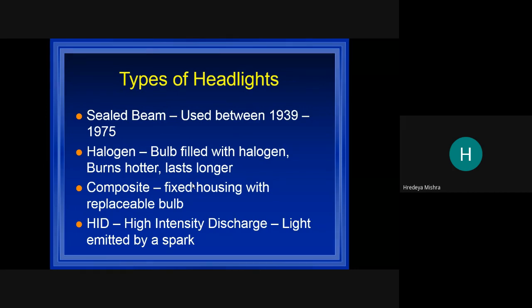High intensity discharge, light emitted by a spark.